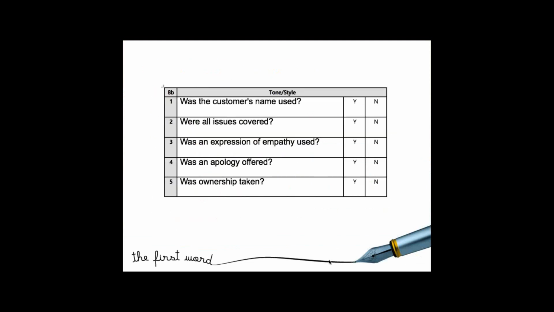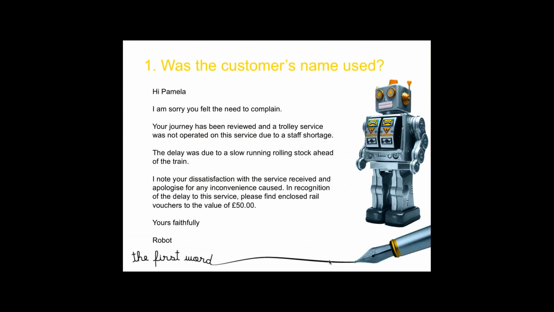So let's go back to those questions in the quality assessment. They all sound like good things to ask. Let's see how they come out when we apply them to Mrs. Hanley's email. So first of all, question 1. Was the customer's name used?